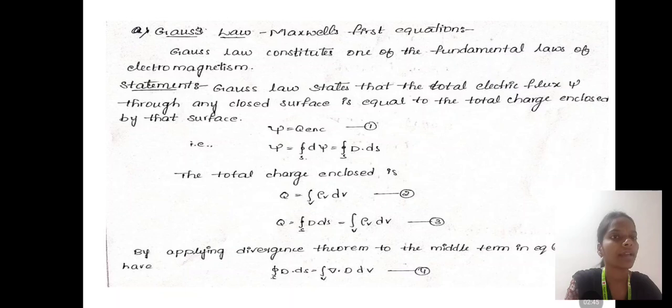By applying the divergence theorem to the middle term in this equation, we have the integral of D dot dS equals the integral of divergence of D dv. Consider this as the fourth equation.